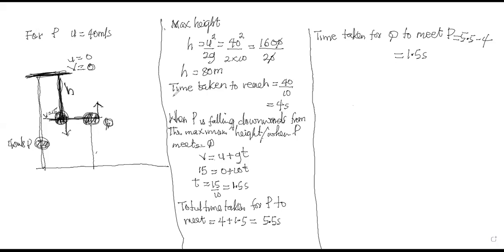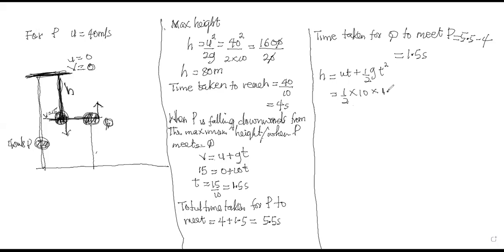Okay, let me come in. Someone said 4.5 meters. Let's see. Using H equals UT plus half GT squared, where U is 0 for P. So half times 10 times the time taken to travel from the maximum height to where they meet, that is 1.5.